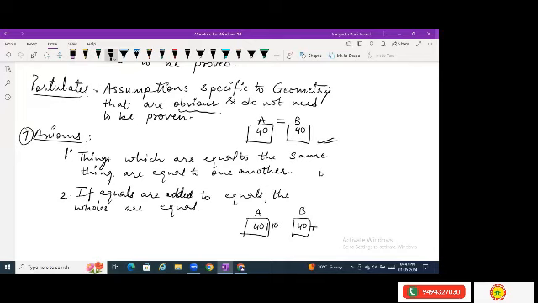That means to A also I give some extra marks, to B also I give some extra marks. Ten marks I gave them extra. That means if equals are added to equals, they were already getting equal marks, and I have added an equal amount to their numbers, so the wholes also become equal. Now their totals become 50 and 50. Are you understanding this? If equals are added to equals, the wholes are also equal.